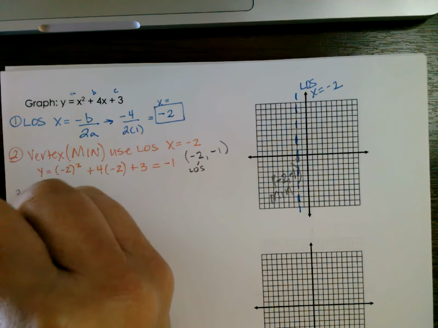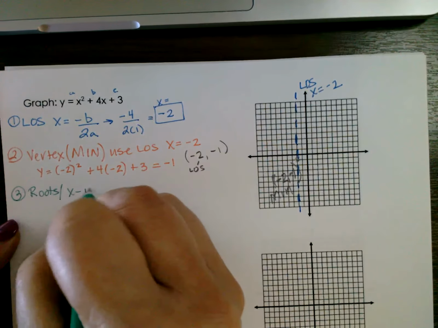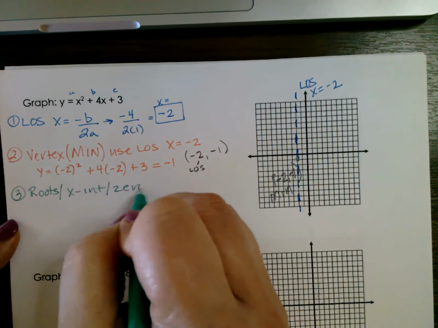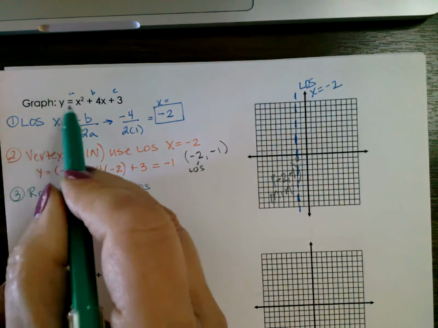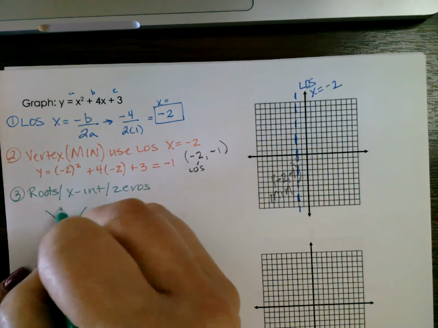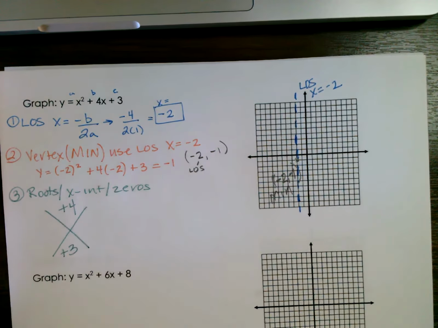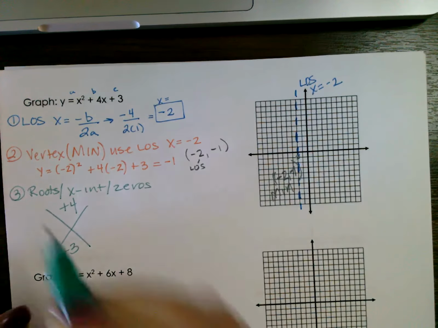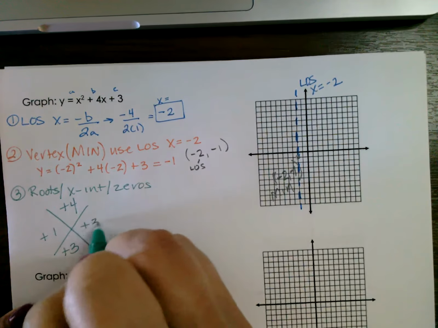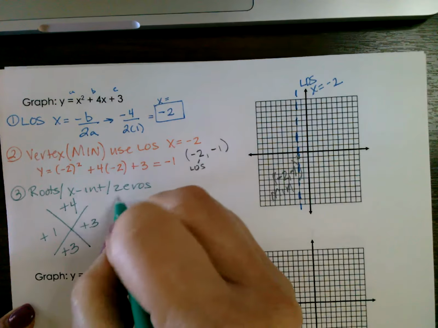Now we're going to go for the roots, x-intercepts, known as the zeros. Well, again, A is 1, so I need numbers that add to 4, but multiply to 3. Well, a positive 1 and a positive 3 add to 4, multiply to 3.